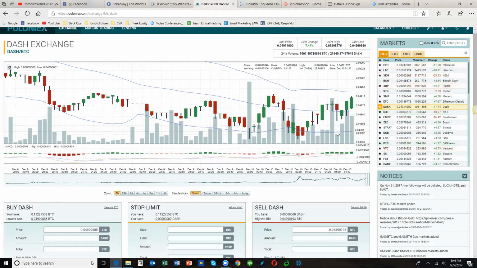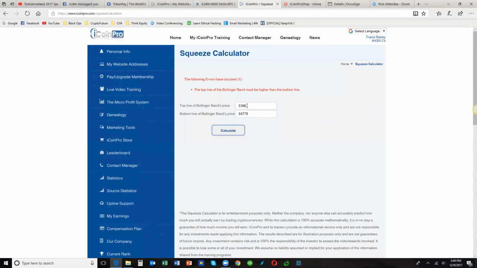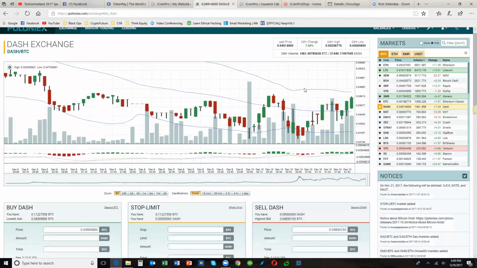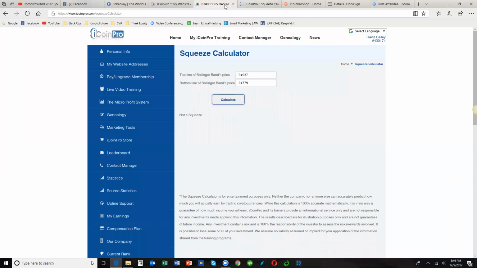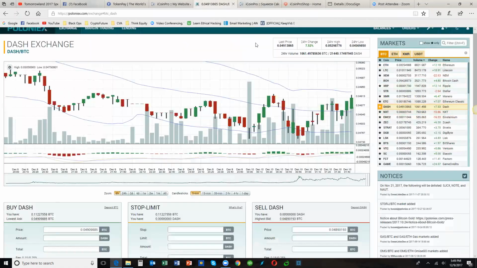I think I had a typo on the top one. 0.04937. Okay. Yeah, it's not a squeeze. So I'm not going to get involved in this because it's just not predictable.